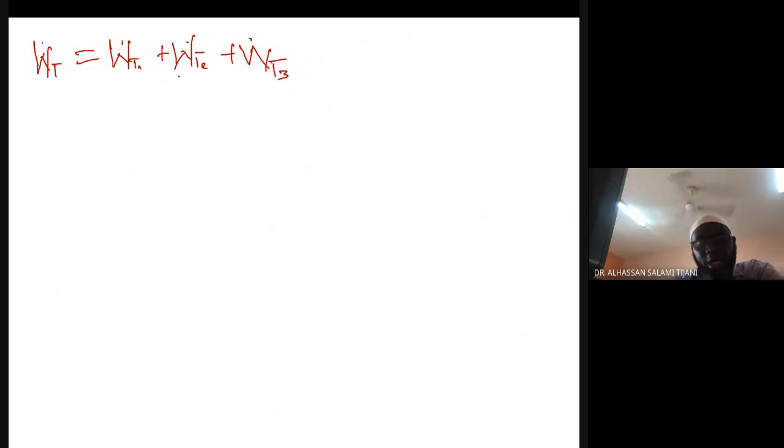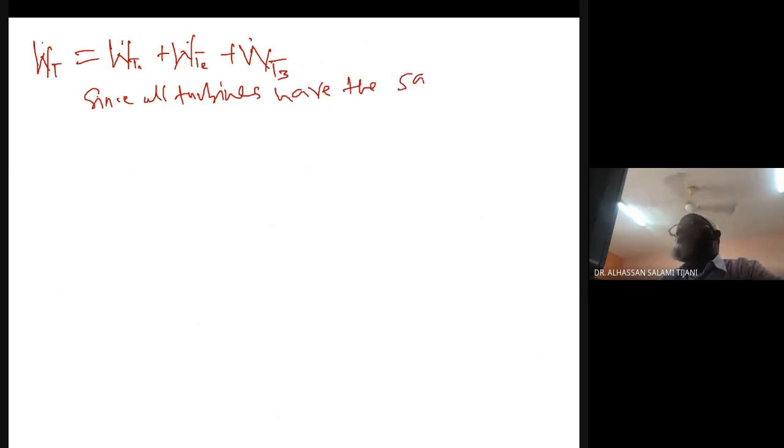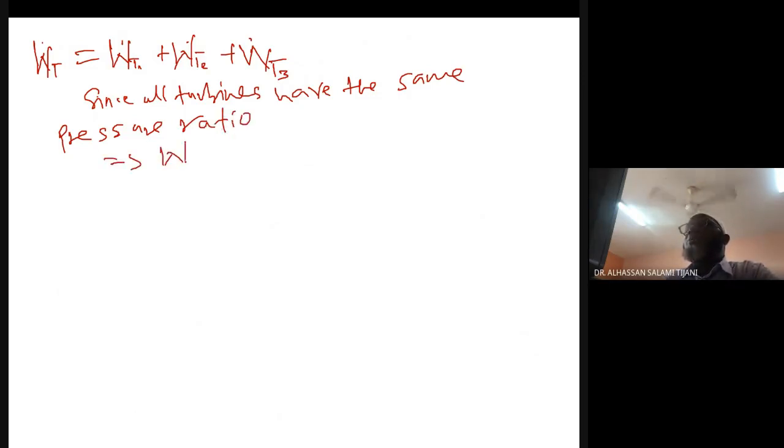Okay, so if you consider the first turbine, since all turbines have the same pressure ratio, this implies that WT1 equals WT2 equals WT3.